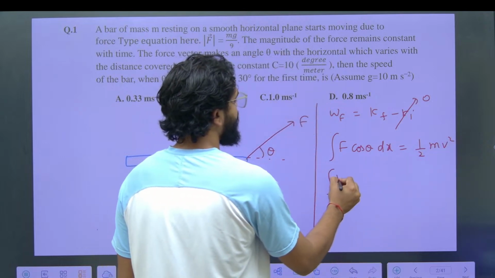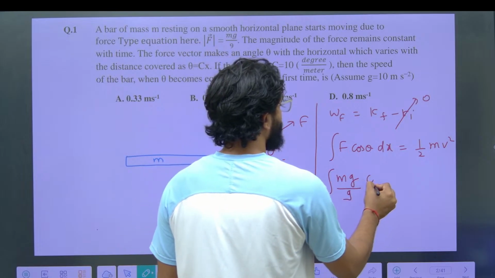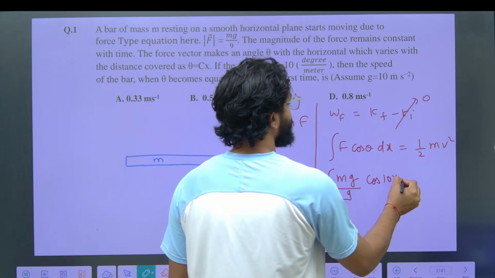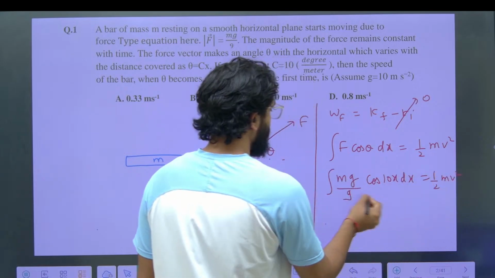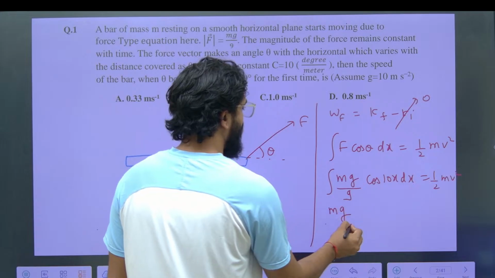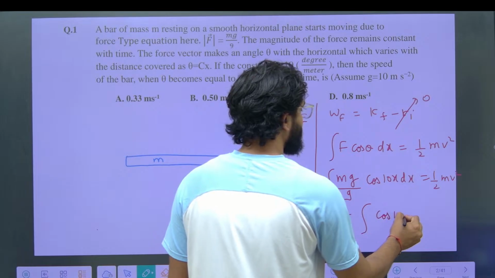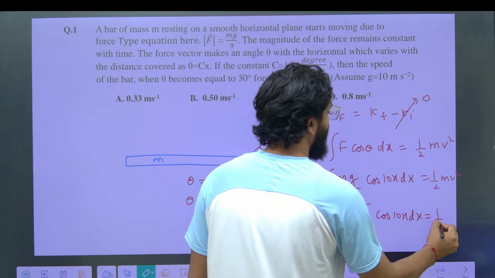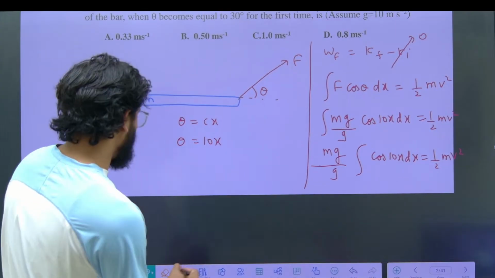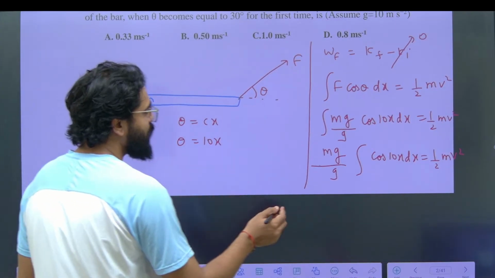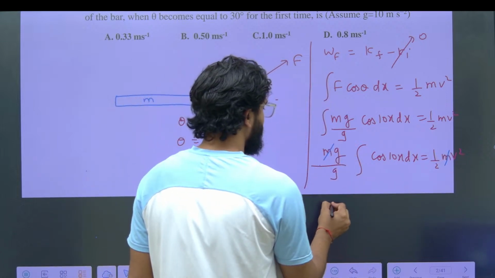F can be written as mg by 9 into cos theta, which is 10x dx, equals half mv square. We can take mg upon 9 common, so cos 10x dx will be half mv square. Because pink color won't be visible right now, I am using blue color. m getting cancelled out, g we can take as 10.